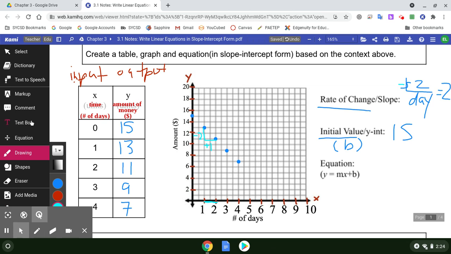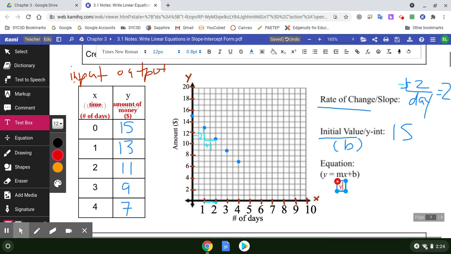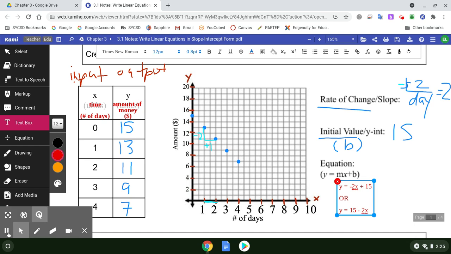And that makes our equation y equals -2 times x plus 15. We could also write this in a different order and say y equals 15 minus 2x. And they would both mean the same thing.